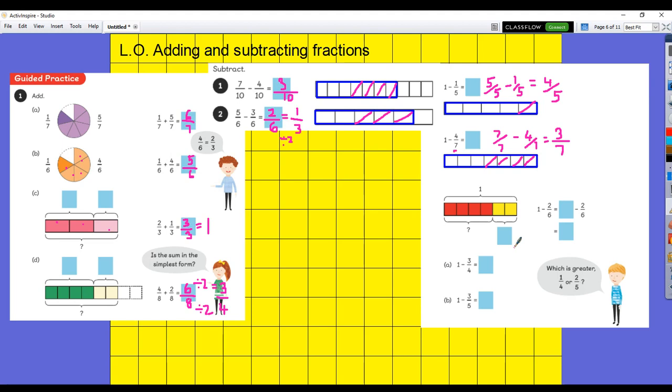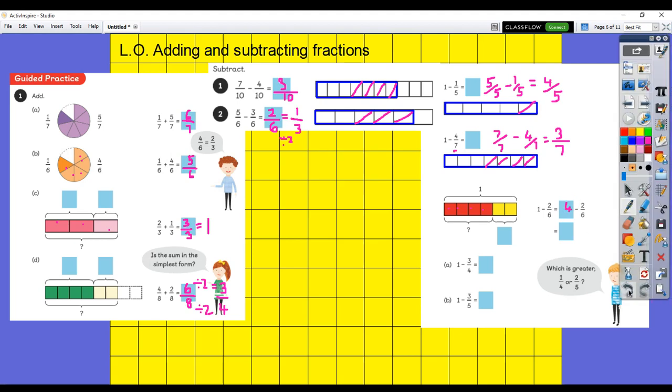Okay. We have 1 take away 2/6. So if we've got our whole here, we've got 6 out of 6 take away 2/6. So how many have we got left? 1, 2, 3, 4. We've got 4/6. Oh wait, no. Let me just do this.